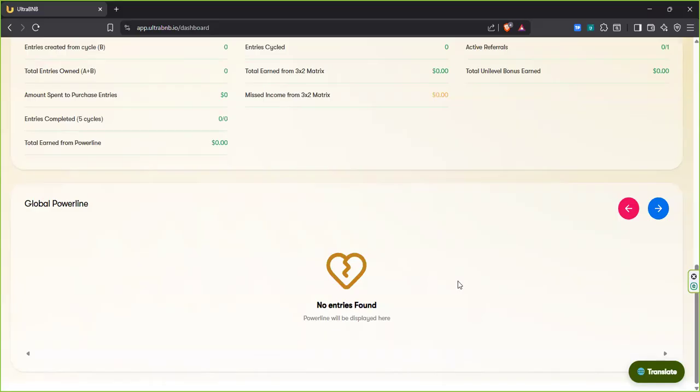One exciting thing about Ultra BNB is that the system entries are not counted among the total entries. The system entries are just rewards contributed to the power line network, helping our users to earn, but they do not actually own an entry in the system. Since they don't earn, it's not necessary for system entries to be recorded in the power line network.